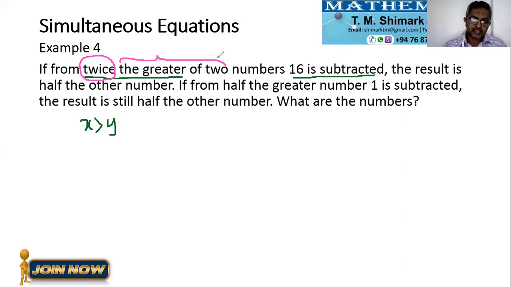From twice the greater of two numbers, so the greater is this one, from twice the greater 16 is subtracted. The result is half the other number, right? This is the one.